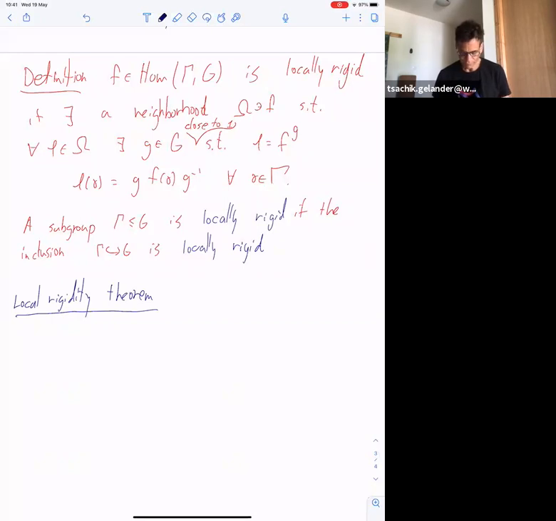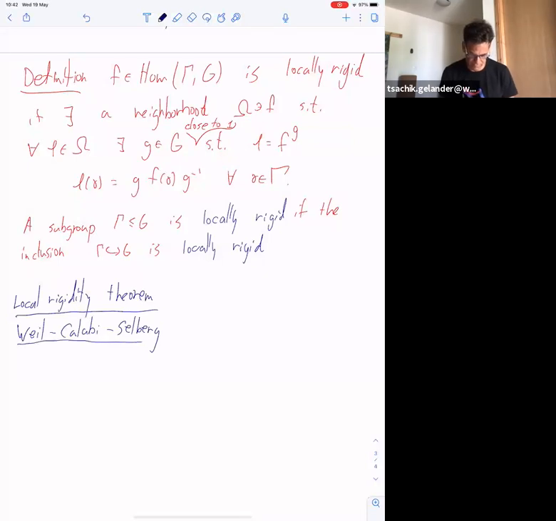So first, it was first stated for co-compact groups. This is by Weil, Calabi, and Selberg. I think the order is opposite. So Selberg proved it for SL_n, Calabi, I think, proved it for hyperbolic manifolds or complex hyperbolic manifolds, and Weil proved the general case. The theorem is the following.